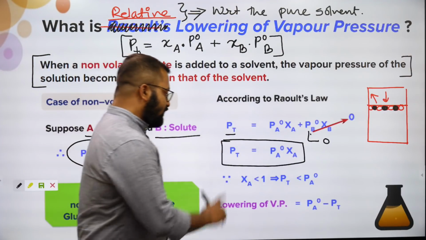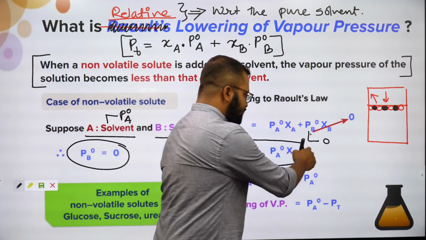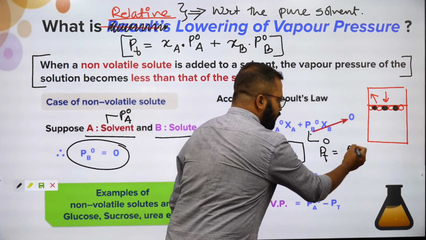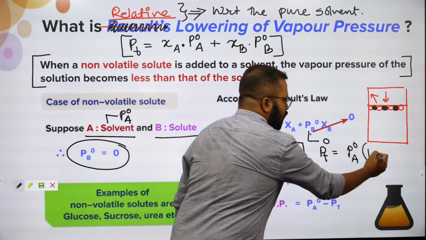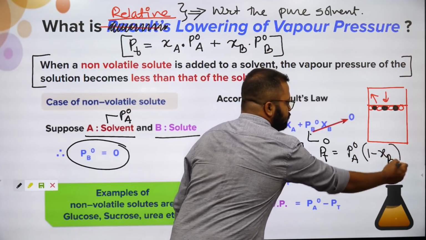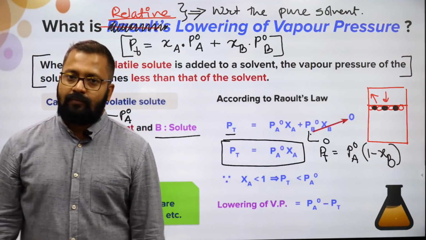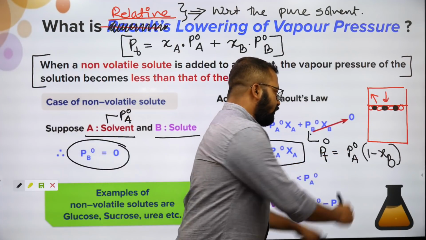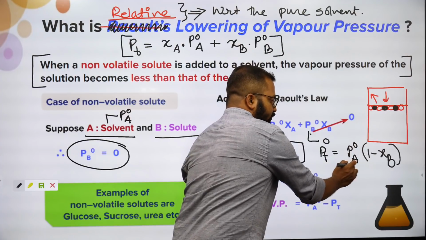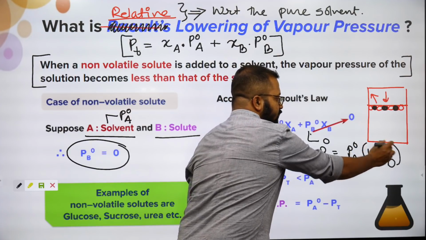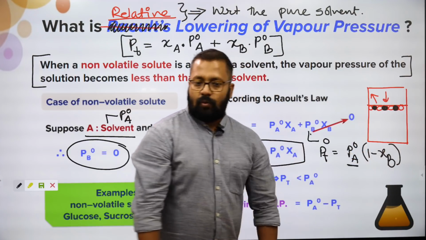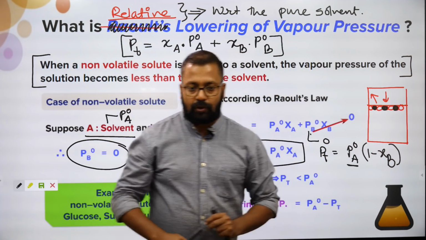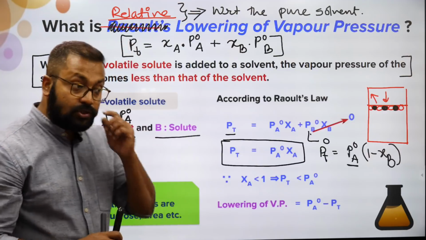Now, it is very important to appreciate कि I can write PT as equal to P naught A times 1 minus chi B. Total pressure is nothing but vapor pressure of the solvent times 1 minus chi B, which is the mole fraction for the solute.